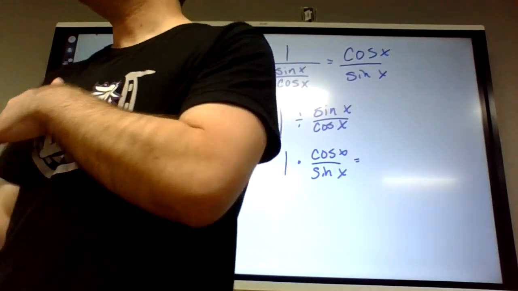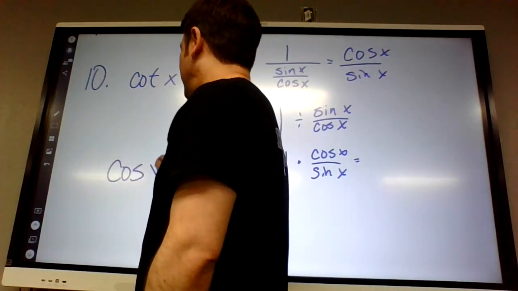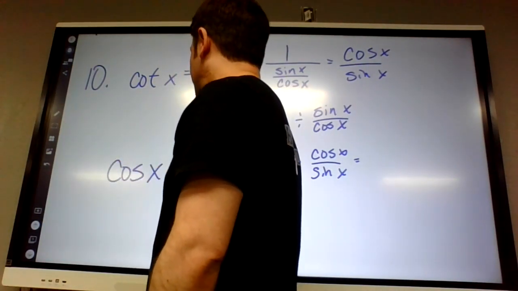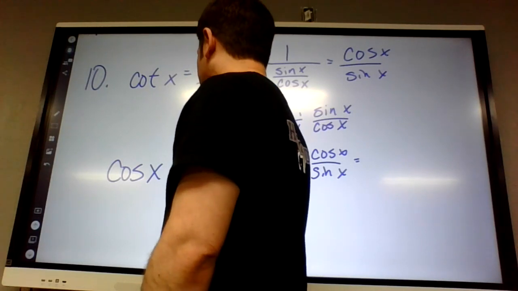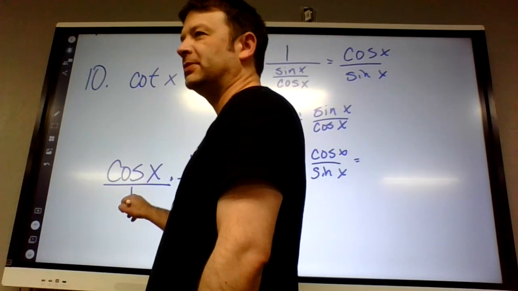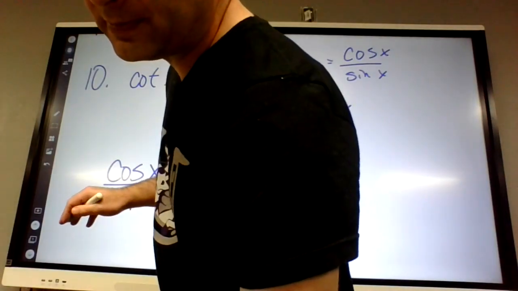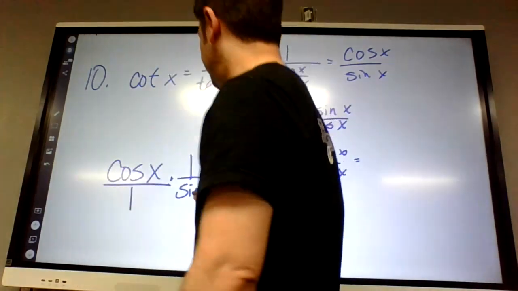Think about opposite on that angle. It's the 60 degree. Cosine over 2. Hypotenuse is 2. That's right. Square root of 3.